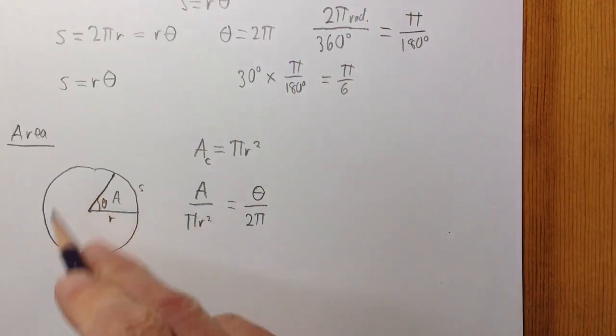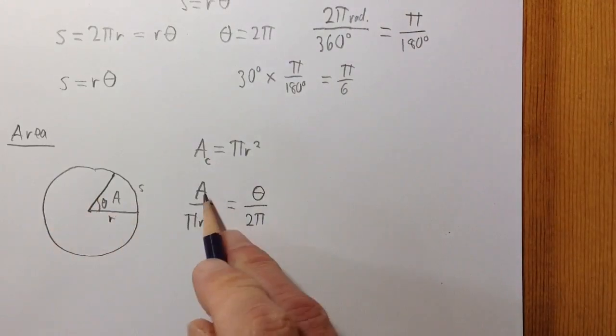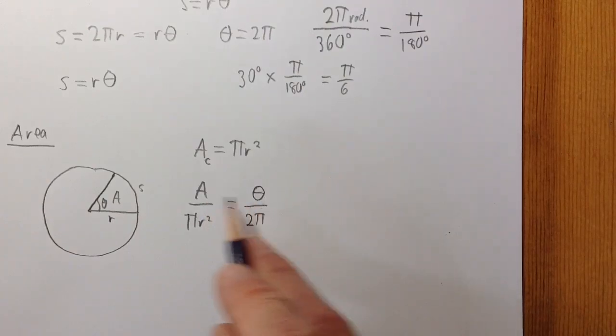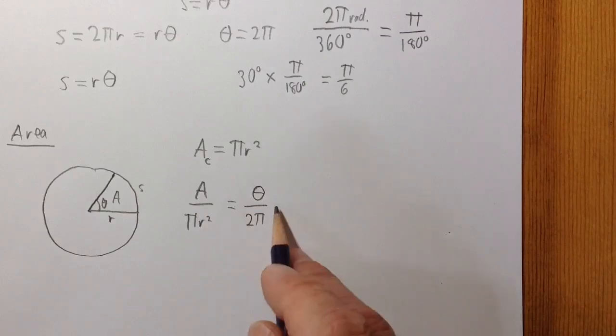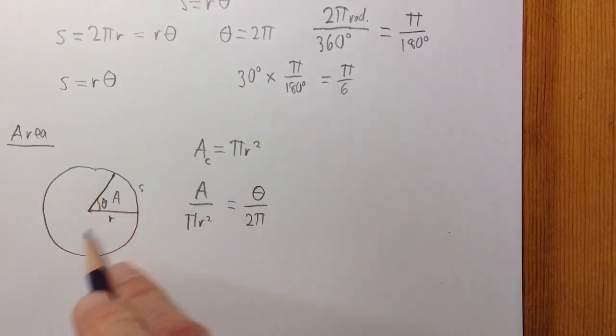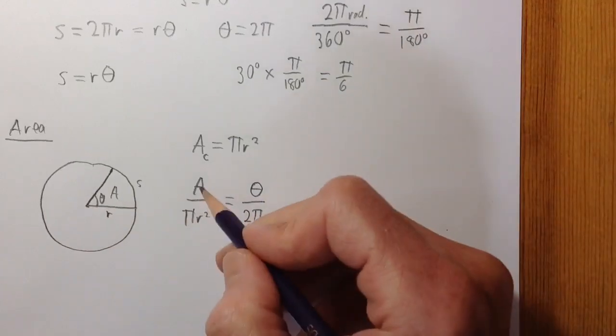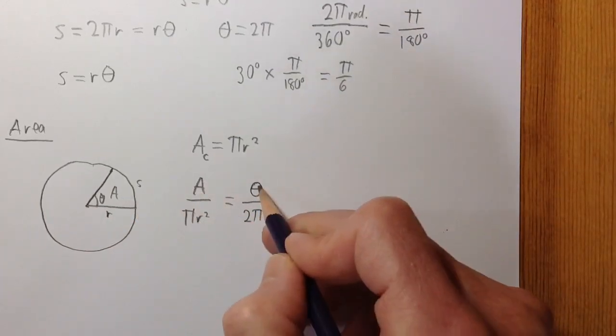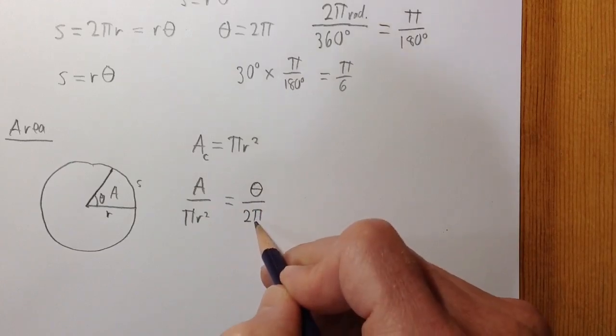If the angle is 2 pi, we would have a full circle, so we'd have 2 pi over 2 pi, and pi r squared over pi r squared, and it works. But our theta is a fraction of 2 pi. So the simple ratio, the little area divided by the full circle, is the same as theta divided by the full circle theta, which is 2 pi.